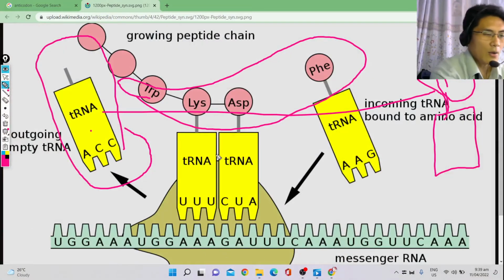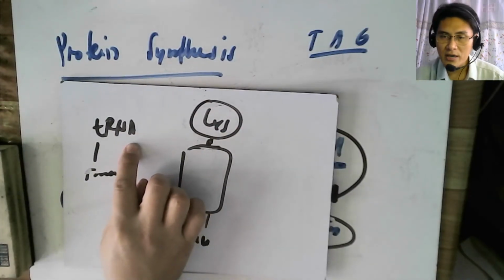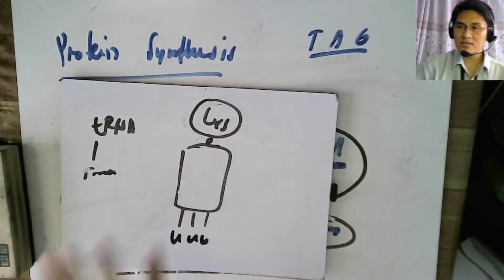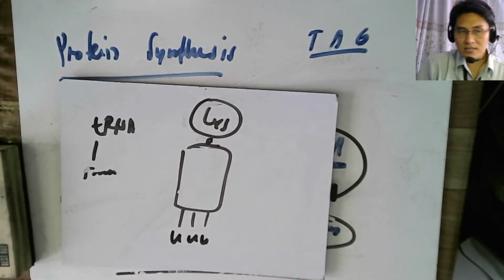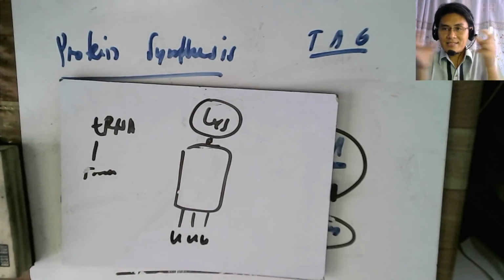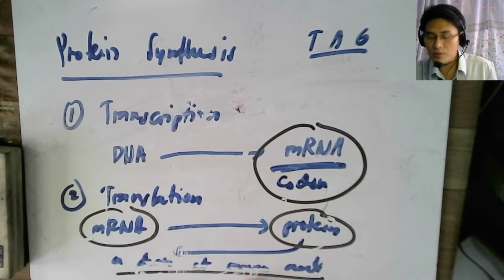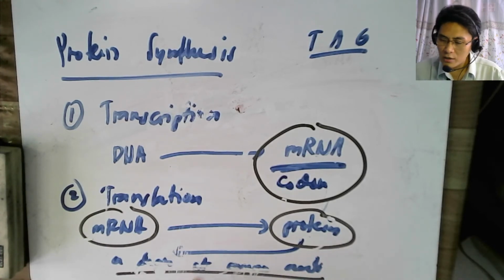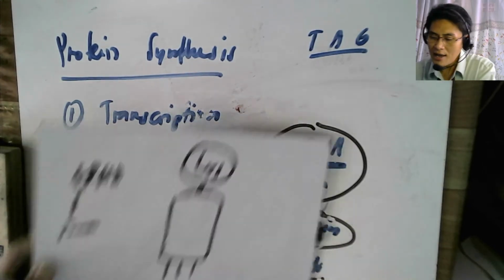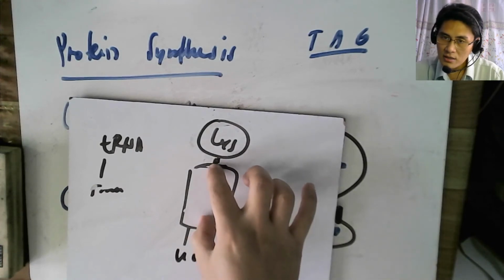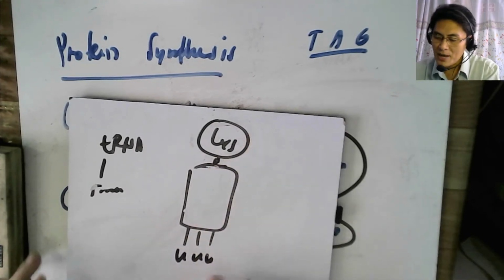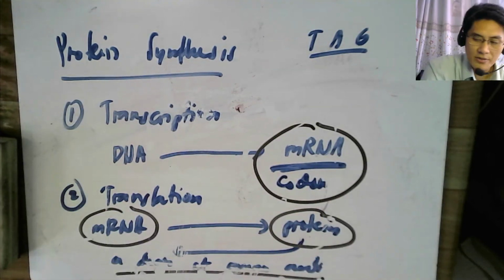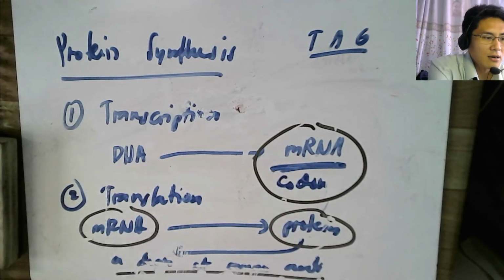So again, I want you to understand why it's called a transfer RNA, because its function is literally to transfer amino acids that are floating in the cytoplasm to the ribosome, so that the ribosome can assemble them into a chain of amino acids that we call a protein. But take note that the order of the chain depends on the anticodons of the transfer RNA, but those anticodons depend also on the codons on the mRNA, because again they are base paired.